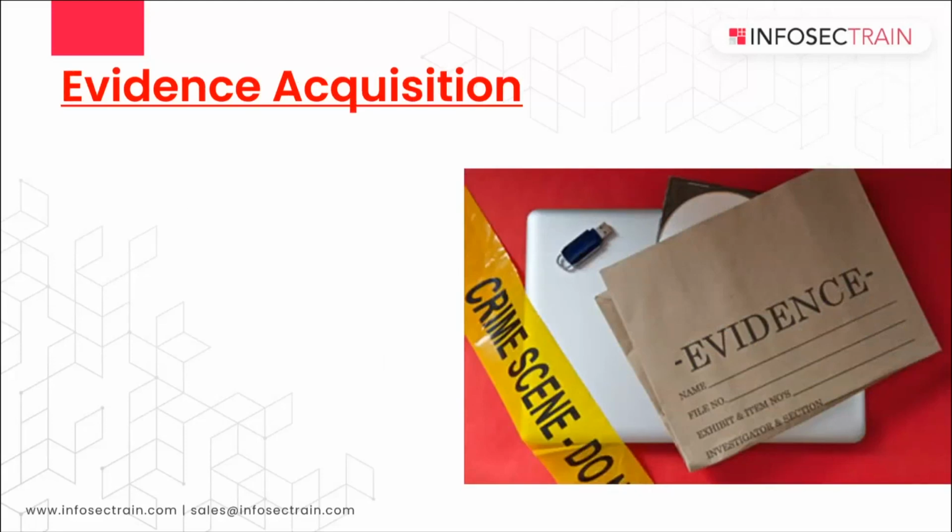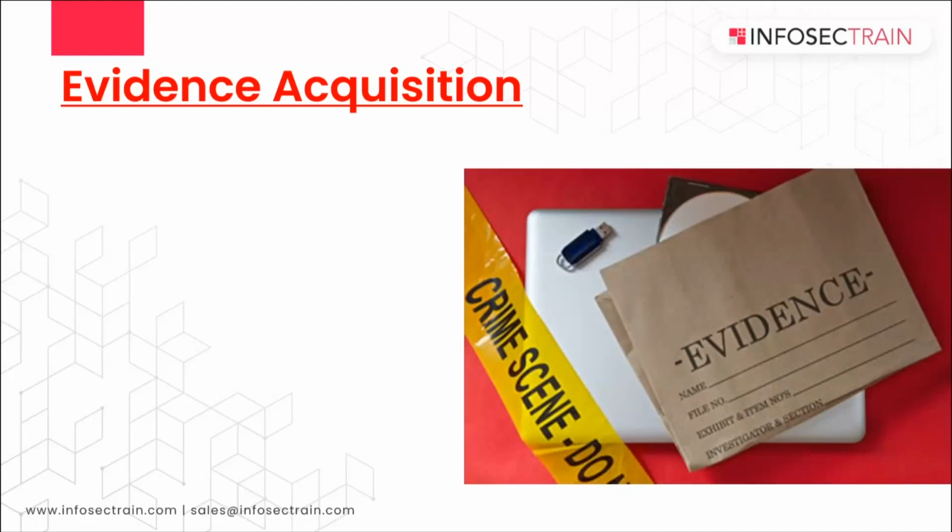In the name itself, it is nothing but the acquisition of evidence. Evidence acquisition in digital forensics refers to the process of collecting, preserving, and analyzing digital evidence in a way that the particular evidence maintains its integrity and admissibility in court.